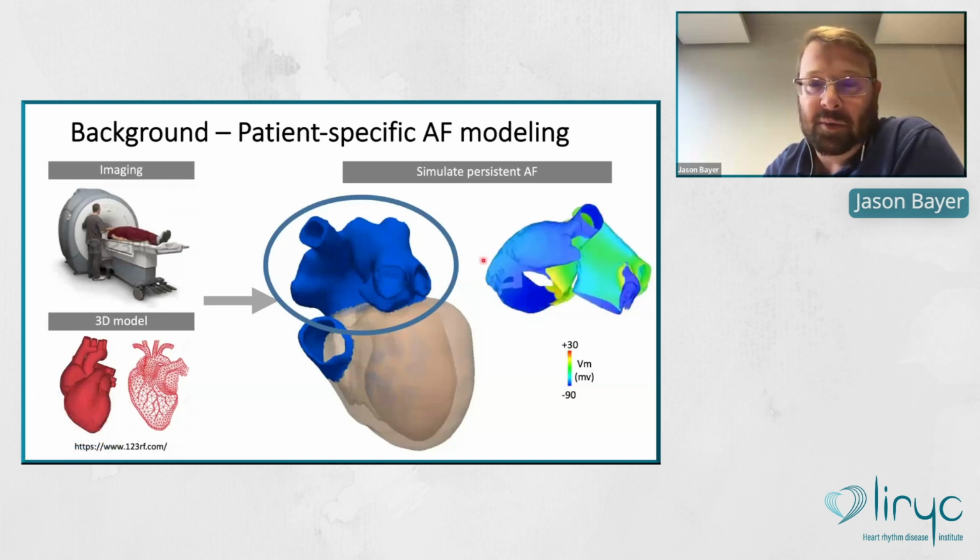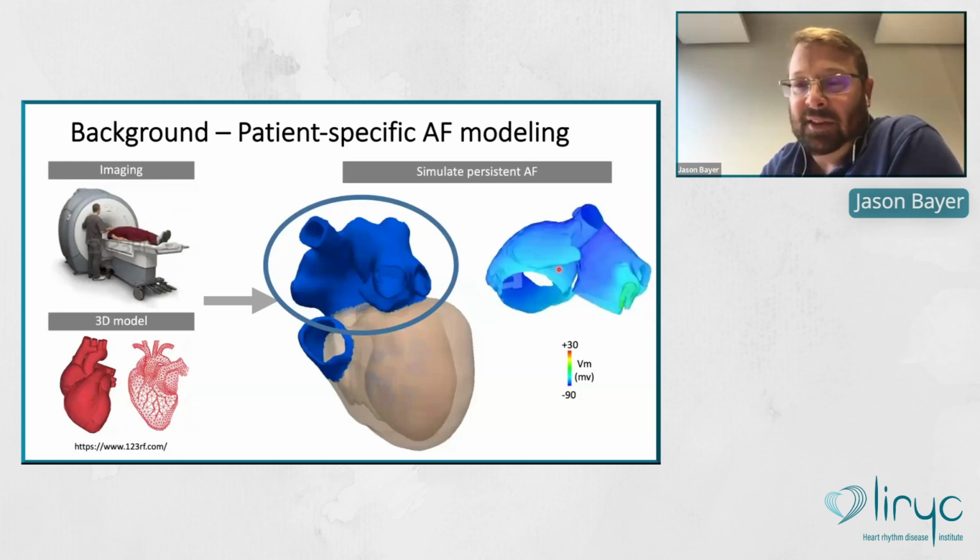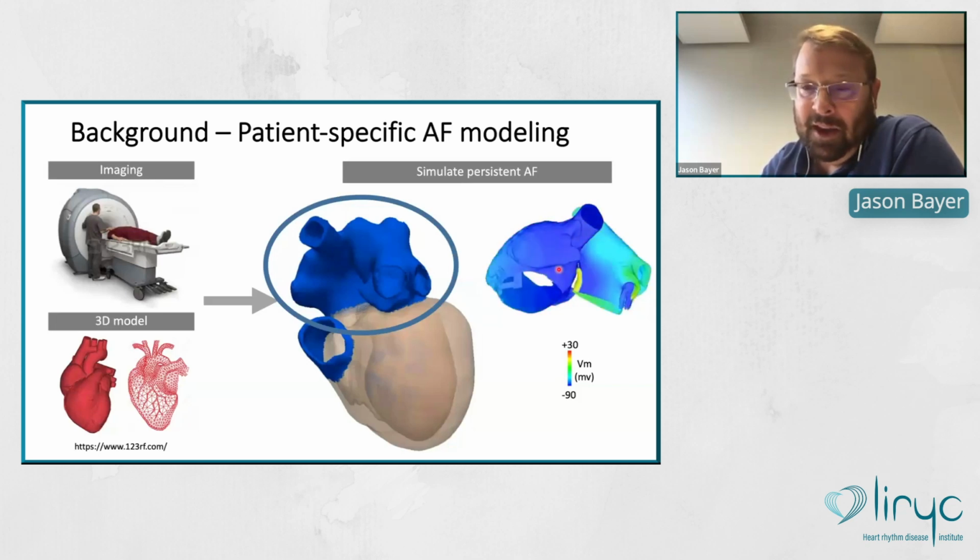Cool. So really the idea is that we want to model the electrophysiology within the atrium as close to the patient as possible. And particularly, we want to study arrhythmias. In this case, we're talking about atrial fibrillation. What you're seeing here, and you'll see in some of the later maps, are these color maps, which really show you the membrane potential within the heart.